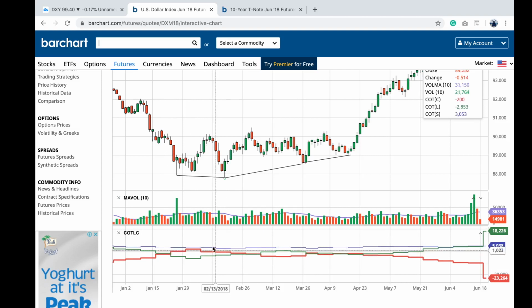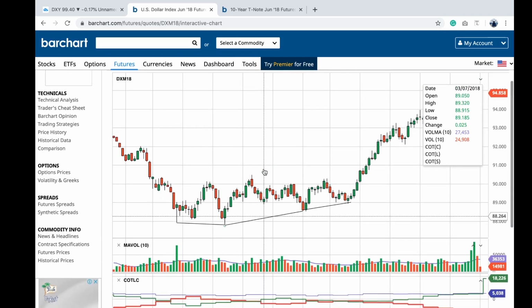So longs are being accumulated inside of this range, and you can see as price started to trade higher, the net long positions were being distributed to the downside as price crossed the zero mark.